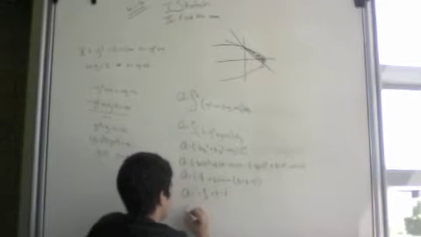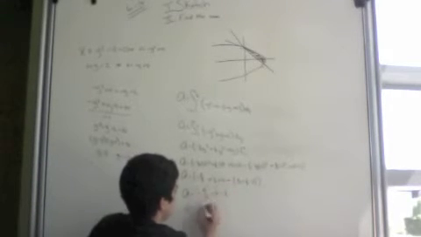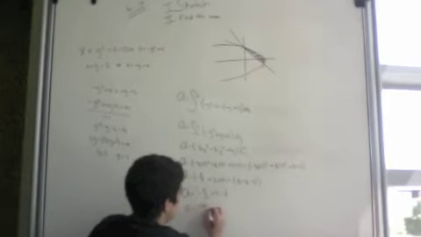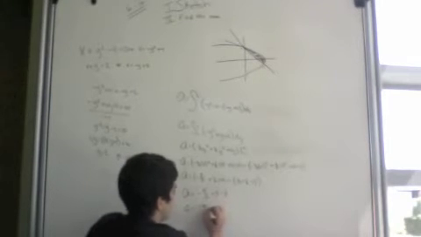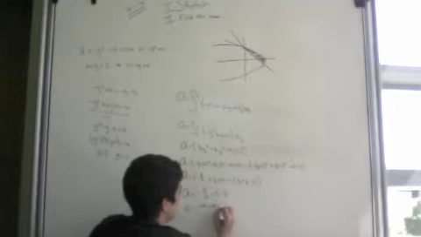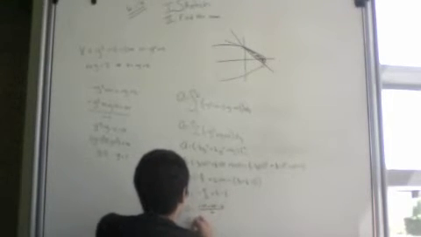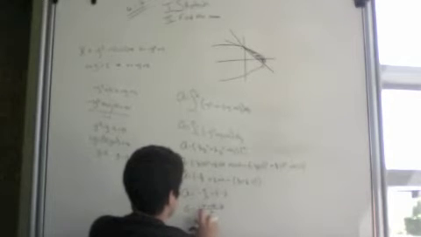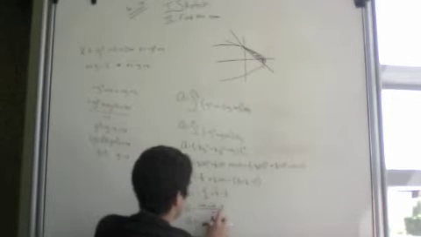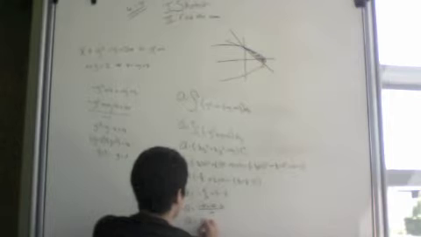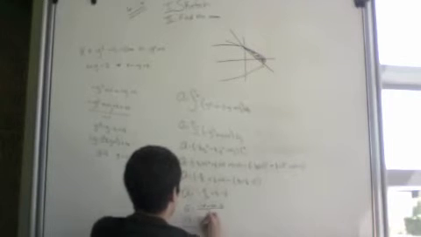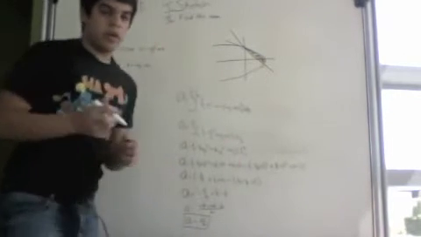And when we simplify this even more, this would be negative 18 plus 48 minus 3 over 6. So A would be 30 minus 3, 27 over 6. And this would be our area.